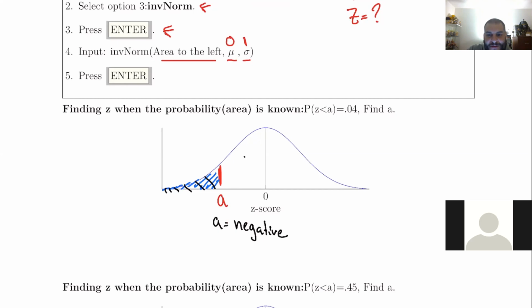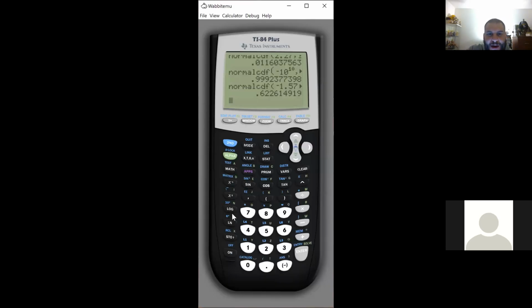Let me transfer over to my TI-84. We go second, VARS. If you look right here, we do invNorm. Since we want the area to the left to be 0.04, you put 0.04. For mu and sigma, since we're trying to find the z value, you leave mu and sigma alone.